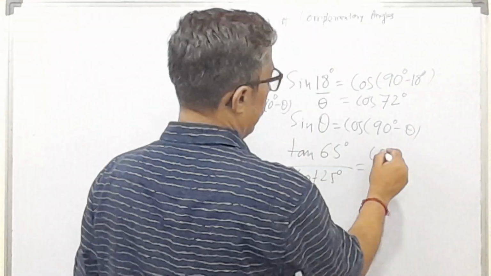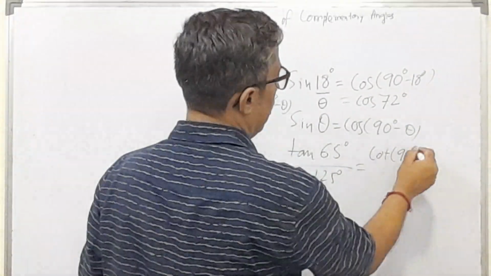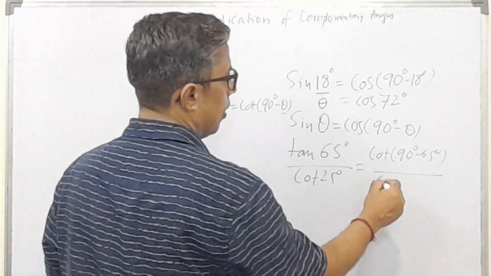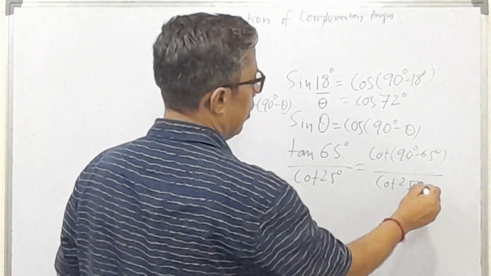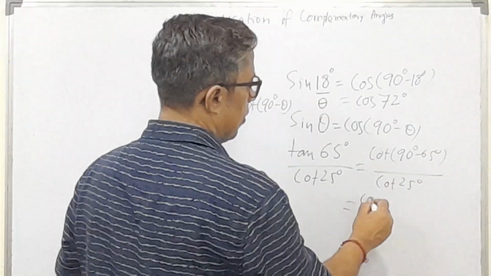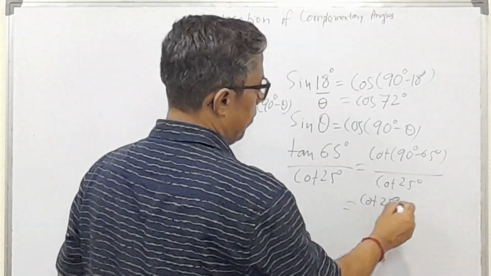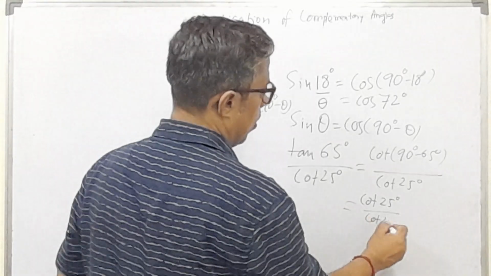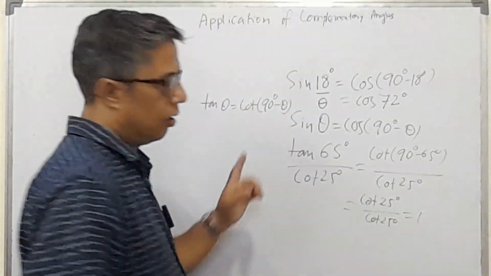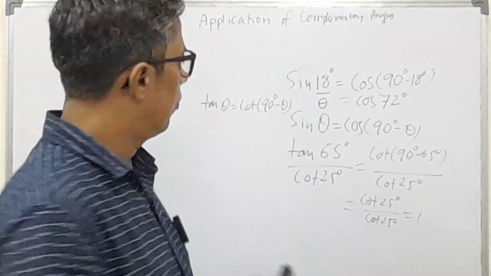So here cot of 90 degree minus 65 degree, divided by cot 25 degree. So cot of 90 minus 65 means cot 25 degree by cot 25 degree, which is 1. So this way you have to apply the concept.